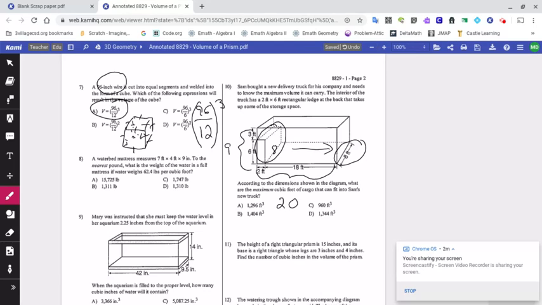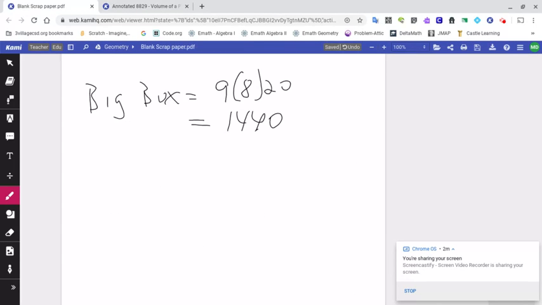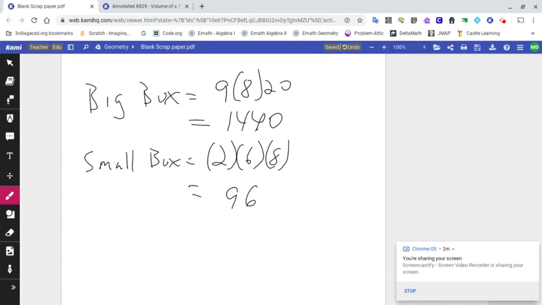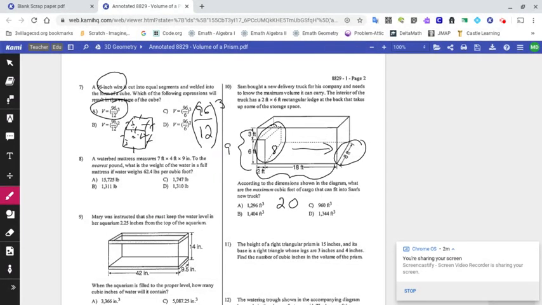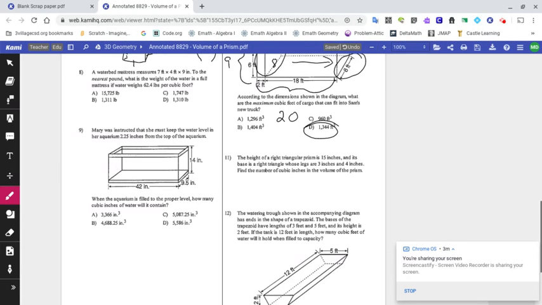So 2 times 6 times 8. Of course, 2 times 6 is 12, and 12 times 8 is 96. So 1440 minus the 96 gives us 1344. This number right here, 1344. So that's number 10.